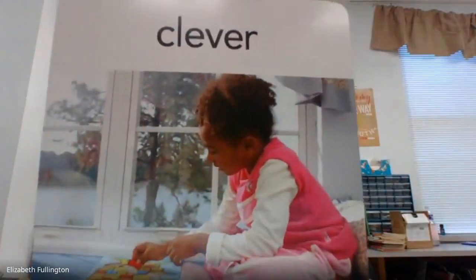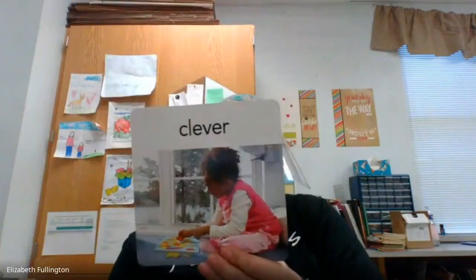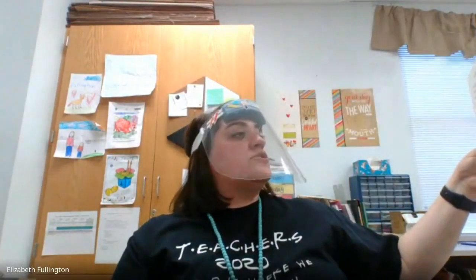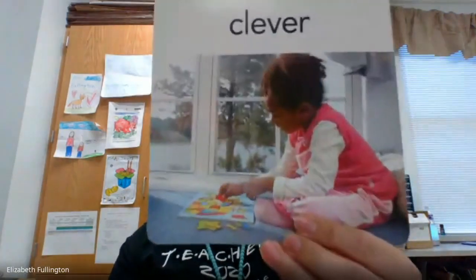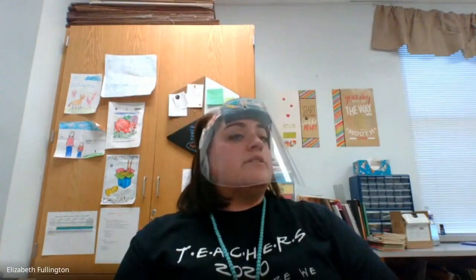Clever. So someone who is clever is very smart. It says she was clever and could solve difficult puzzles. It says our class is clever because we work hard on our power words. All right, here's the next one.